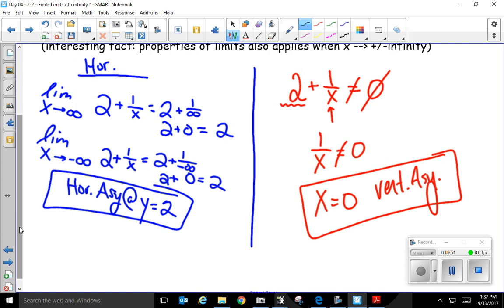You focus on what makes this undefined. The only thing that would make this undefined is if you had a 0 down here. If I didn't have this fraction here, I can't make 2 undefined. There would be no vertical asymptote, would there? Because nothing would make 2 undefined.